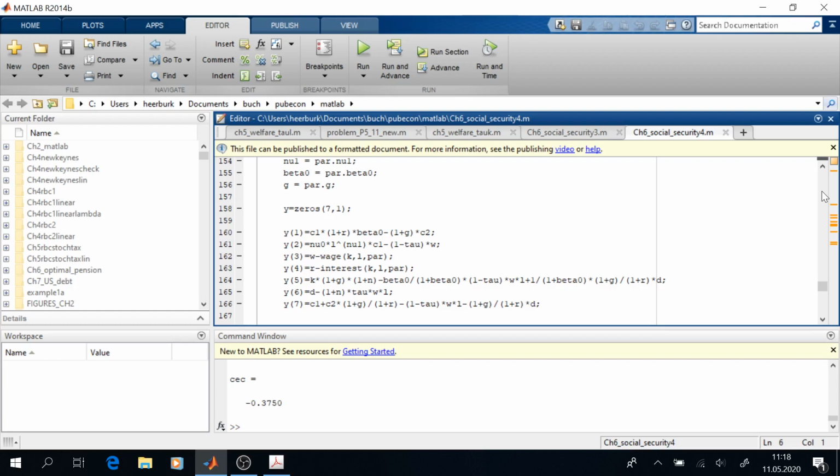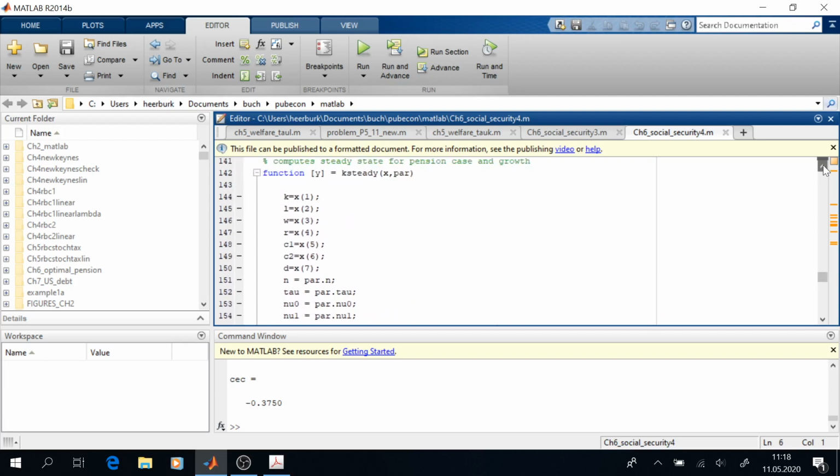Since, however, we have a new program, a new model, a new environment with growth, we have to recalibrate the model. So our steady state system here is an endogenous equation system in the variables k, l, w, r, c1, c2, and the pensions, which I have denominated in this program here by d.